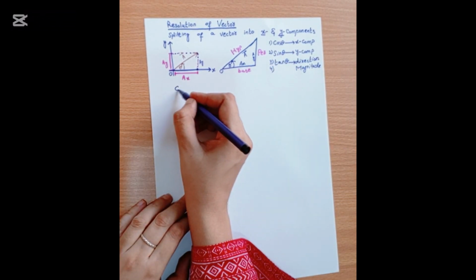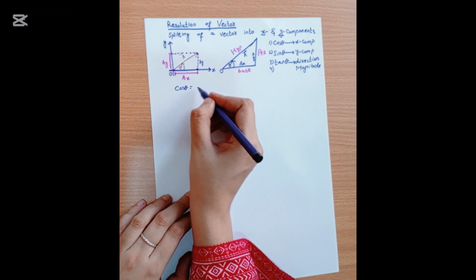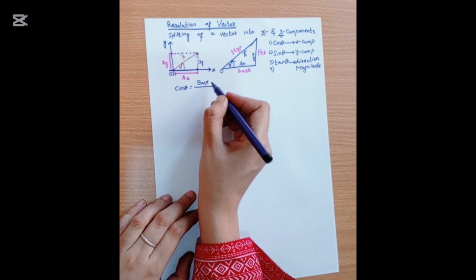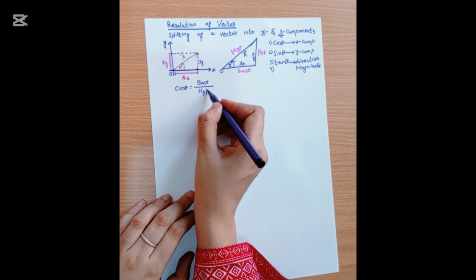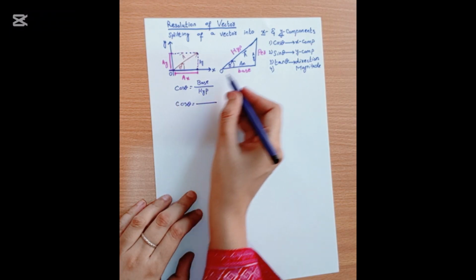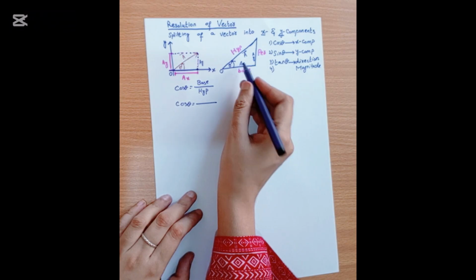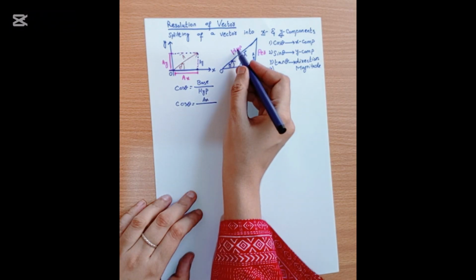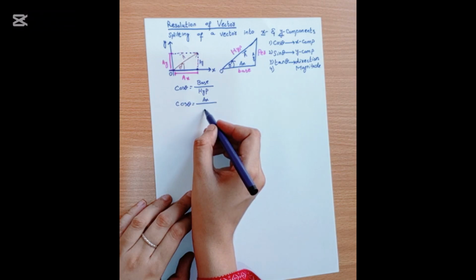Cos of theta. The formula of cos of theta is equal to base upon hypotenuse. Cos of theta is equal to base. The line base is AX divided by hypotenuse. The hypotenuse is vector A. A is dividing here.